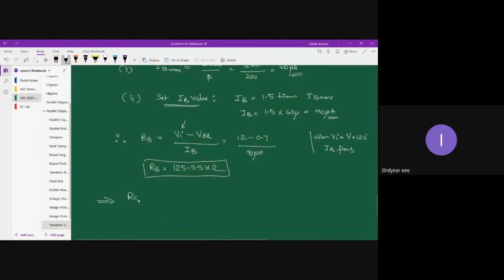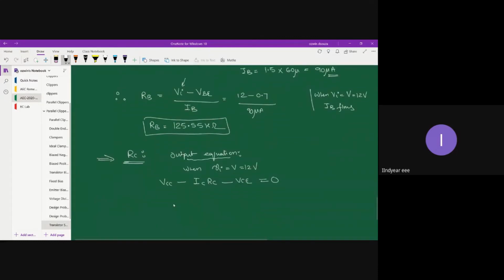Next, let us go for RC. To find RC, you can go for the output equation. Once again, when VI is equal to 12 volts, you can write VCC minus IC RC minus VCE is equal to 0.